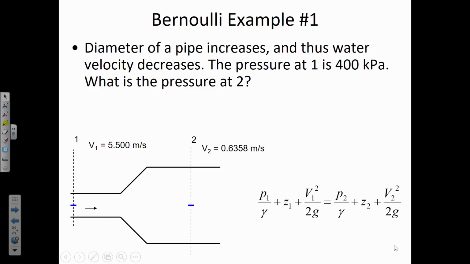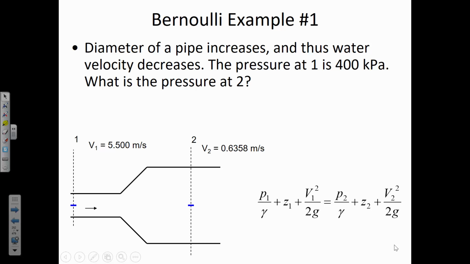And so let's apply that to an example. Let me write up here on the board the example that we're going to calculate. We have an expanding section in this first example. We've got a pipe where the initial diameter is such that we have a fast velocity, and it's transitioning to a location where we have a slow velocity.